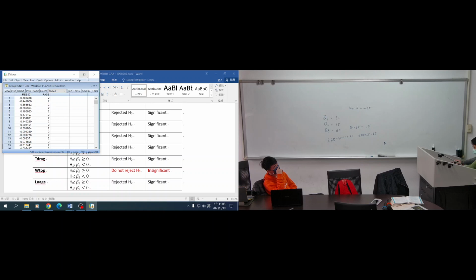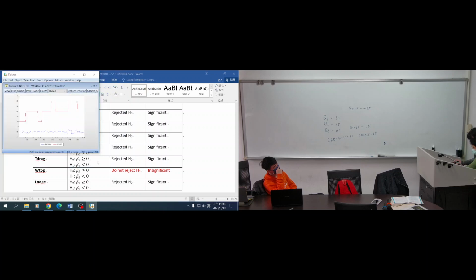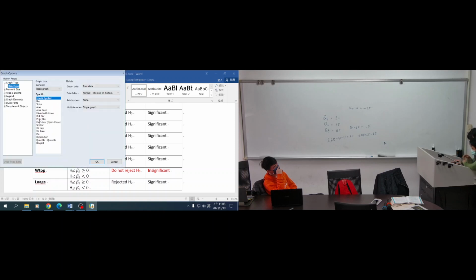Yes, residual one. Go to the view. Choose graph. Okay. See whether we can have this one. Okay. This is the dot plot.